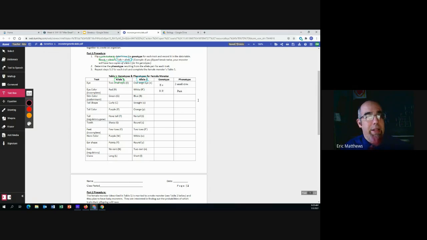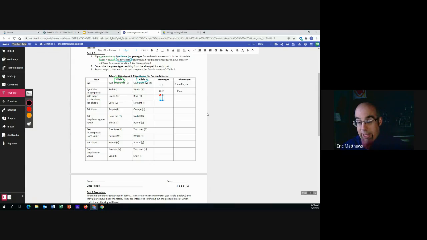Right? Blended. Skin color. This one is codominant. So we've got capital G, dominant for green, and capital B, dominant for blue. Do the same thing. Take your coins. Now I got 1 heads and 1 tails.